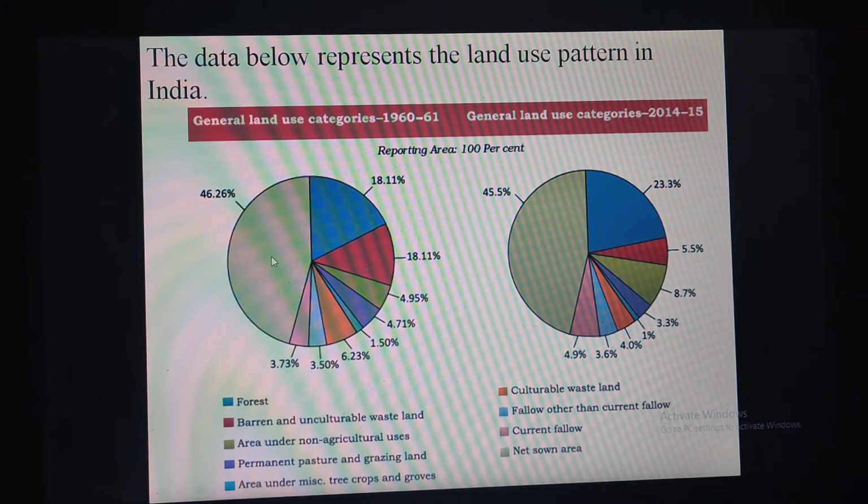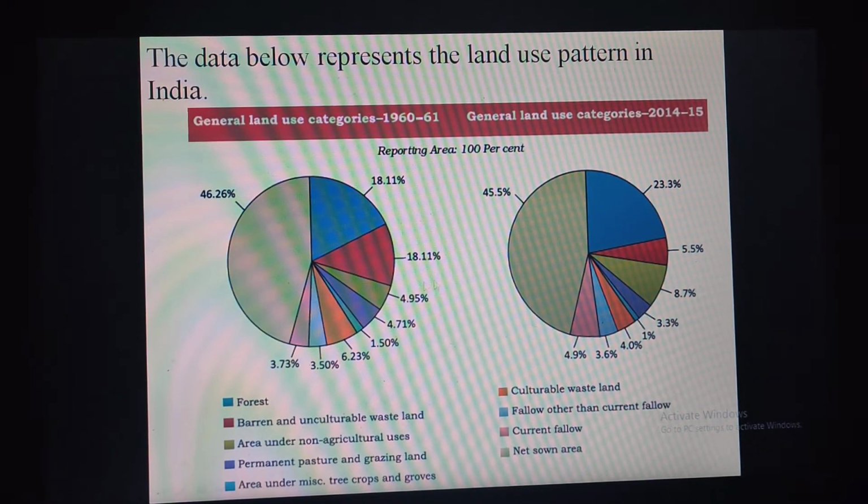Now we will compare this with the pie chart here for the year 2014-15. We'll move again. So here what we can see, the forest area which was 18.11% has now become 23.3%, whereas the barren and unculturable wasteland which was 18.11% has reduced to 5.5%.